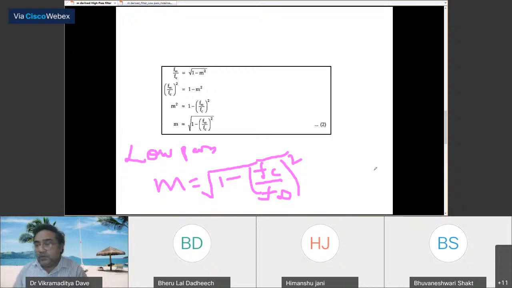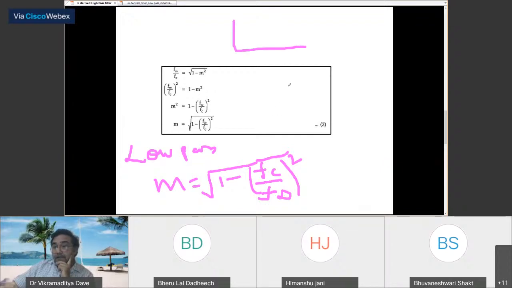Okay. So this is what we have got for the low pass filter, but for the high pass filter, it looks something like this, but a slight change is there: it is not a ratio of fc upon f infinite, but it is a ratio of f infinite upon fc. So in case of high pass filter, the f infinite frequency should be lower than fc.